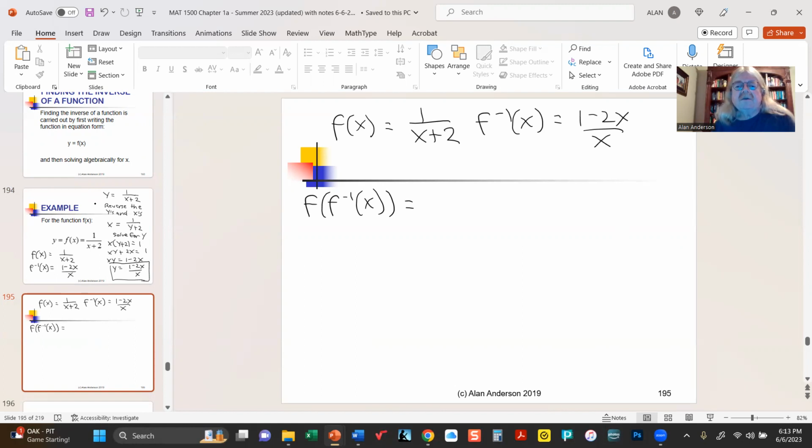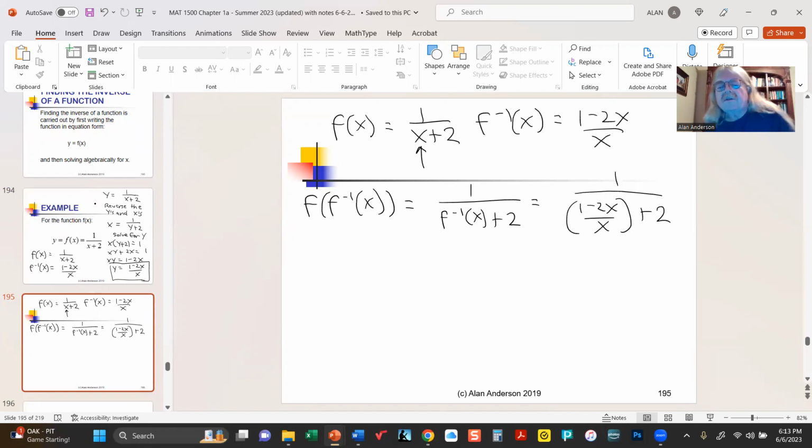This must be equal to x, so what do we have here? We replace this x with f inverse of x. Now, of course, we need a common denominator. Of course, we choose x.